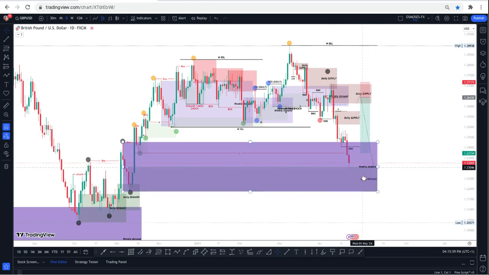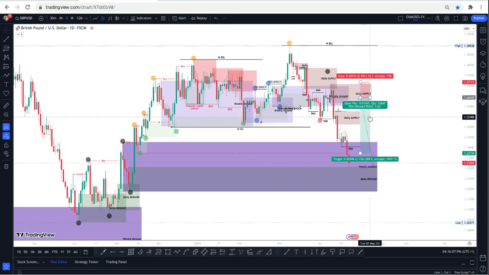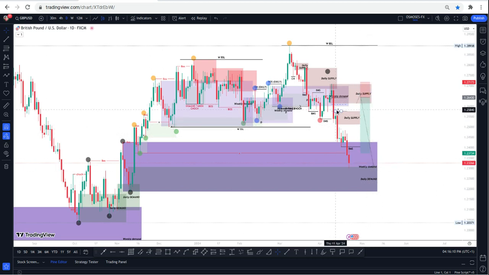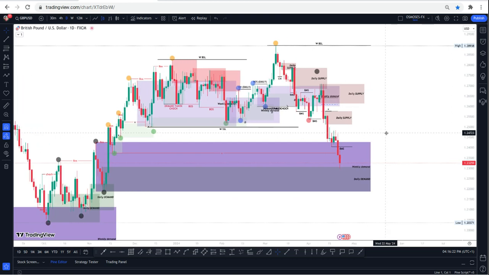If I see a buy setup here, we still have two unmitigated supplies. I'll take it to this liquidity first.